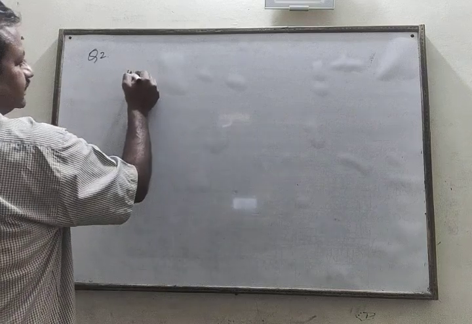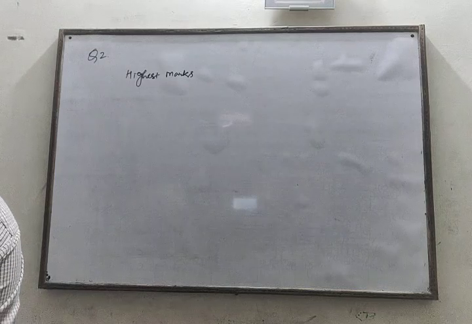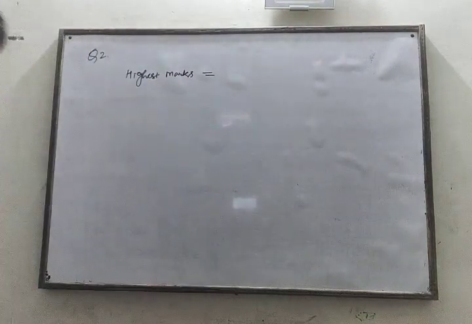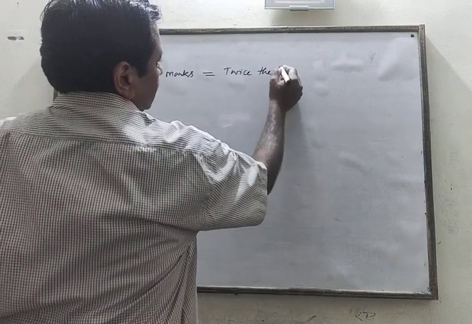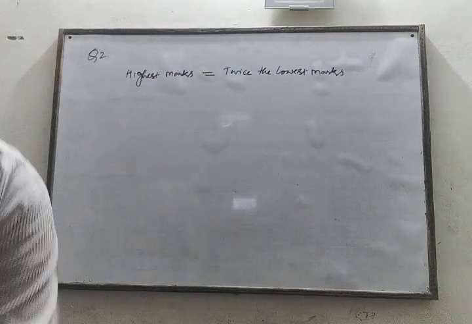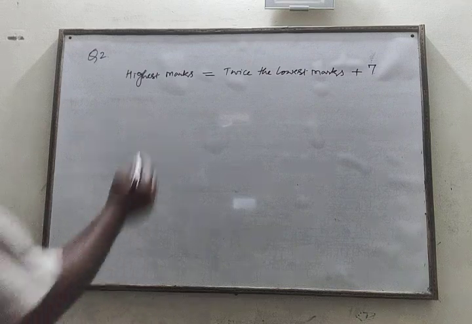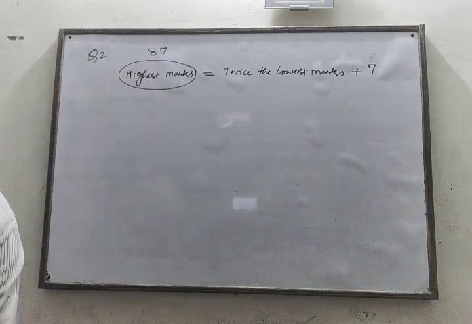So the teacher tells the highest marks obtained by a student in her class is equal to twice the lowest marks plus 7, and this highest score is 87.